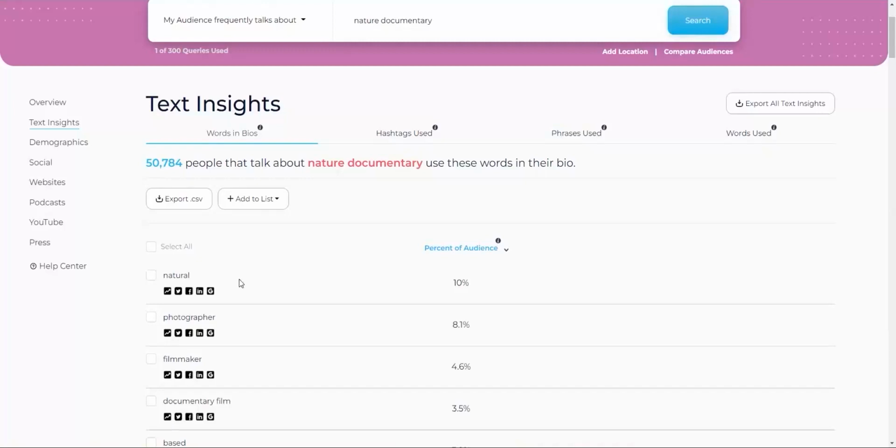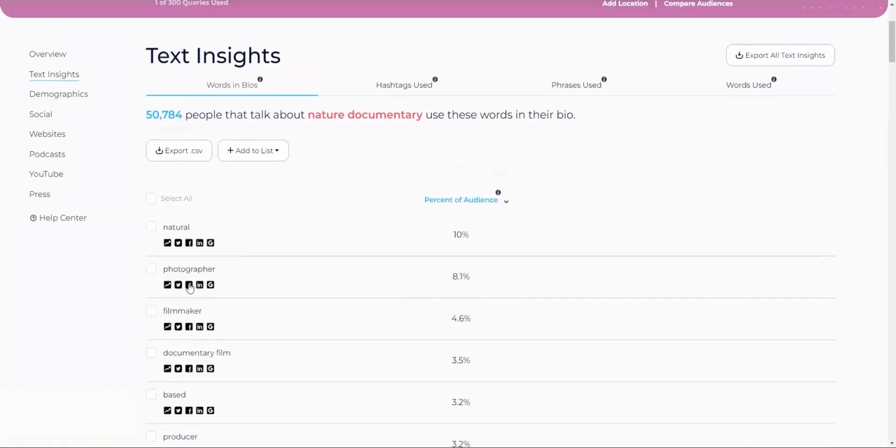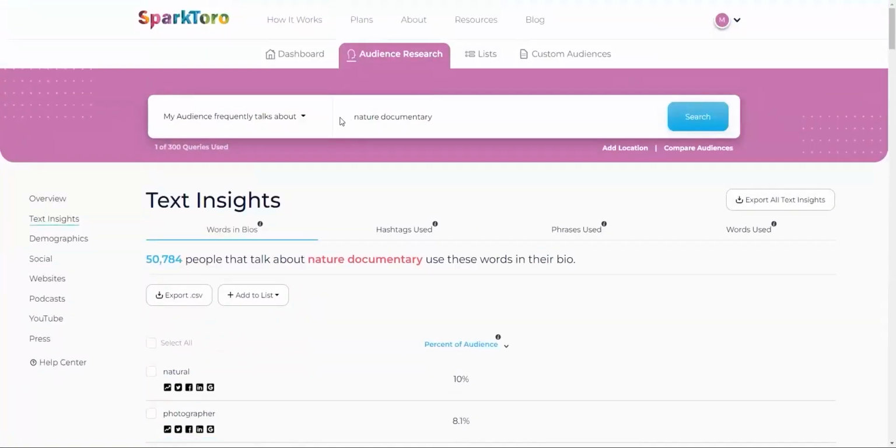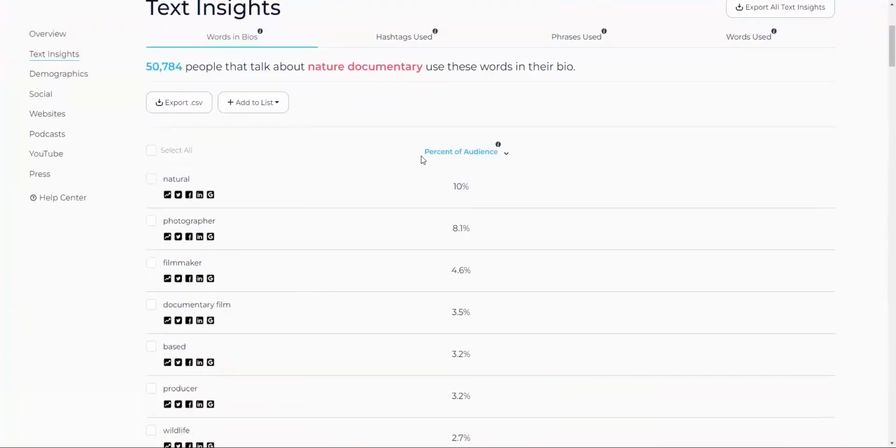So here you see that there is, for example, photographer, filmmaker, or documentary film. That's pretty interesting. The fact that filmmakers are up high in the list means that a lot of those people who are frequently talking about nature documentaries are also filmmakers, probably nature documentary filmmakers. When you're analyzing this data, you have to keep an eye out for the percent of the audience.